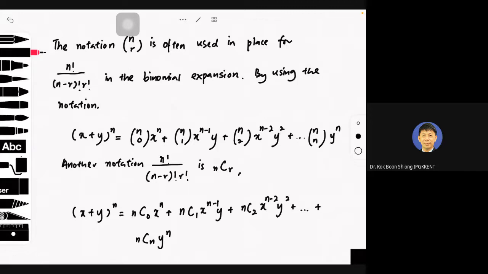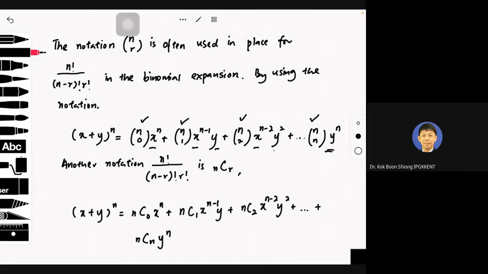So as you can see from here, the first one is n choose 0, n choose 1, n choose 2, and the last term is n choose n. Okay, so x to the power of n, x to the power of n minus 1 and y, x to the power of n minus 2 and y squared, and then the last term, y to the power of n.